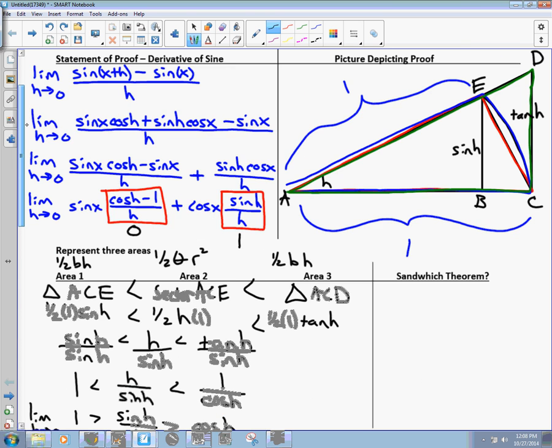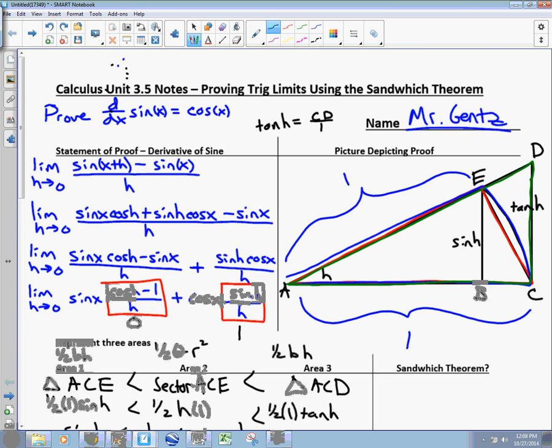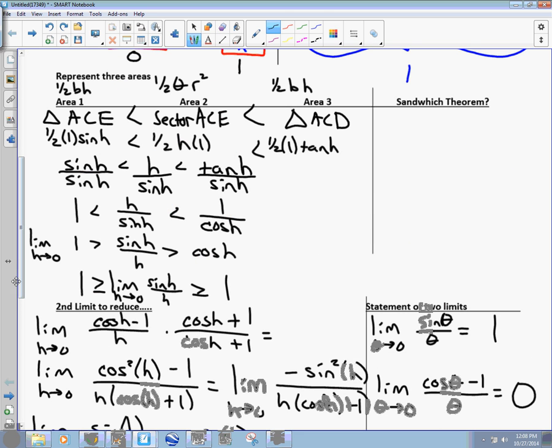They came from proving that the derivative of sine is cosine and using this. The last piece really is the sandwich theorem and what does that state? How does that work out for us? And we'll be able to figure that out in not too long, okay? So we'll stop right here, but I'm going to show you guys something cool.